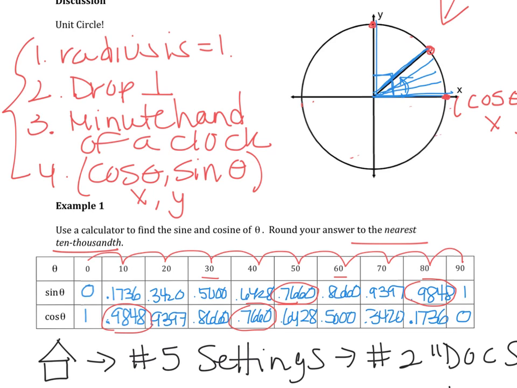The sum of 10 and 80 equals 90. And the same goes for 70 and 20. As you can see, the sine of 70 is equal to the cosine of 20, and the sine of 20 is equal to the cosine of 70.